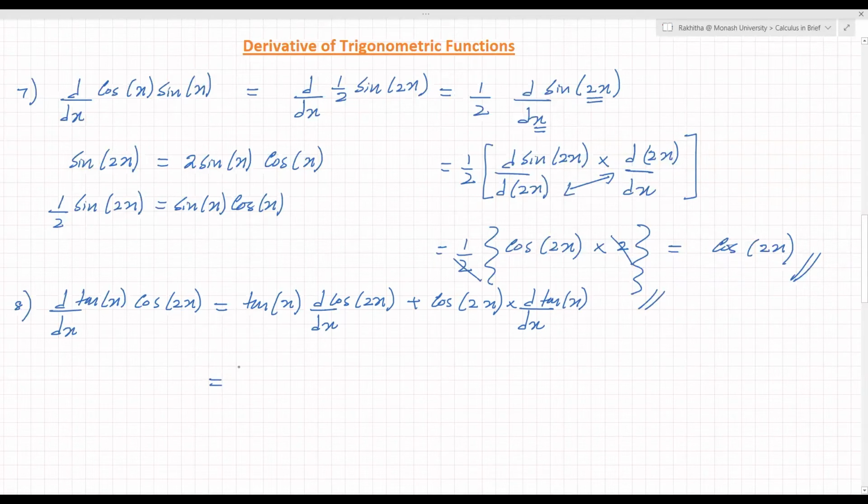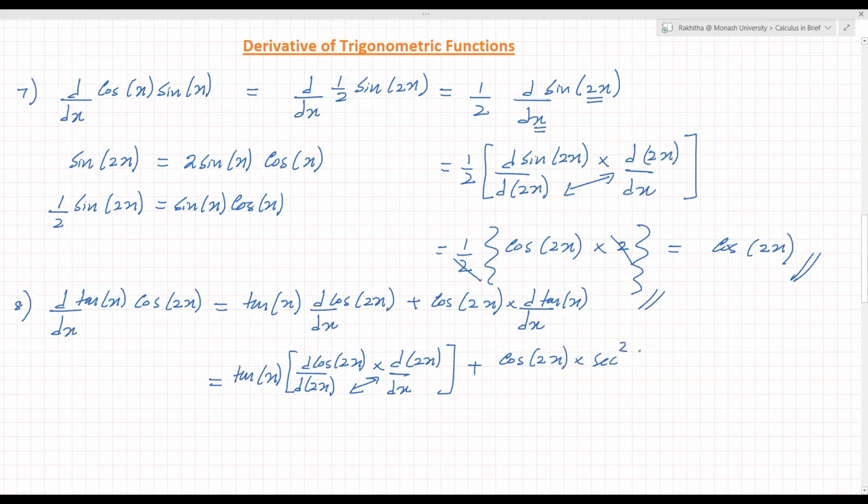Now here you have tan x, then d/dx of cos 2x, where you have to construct. I will do it with details so you can follow from the beginning. So d2x, you are using the chain rule, right? So you will see the cancellation over here, and that's all about that part. And here you have cosine 2x, and d/dx of tan x would be sec squared x. Now from here, you will see d/d2x of cos 2x would be minus sine 2x, that we know from our base cases.